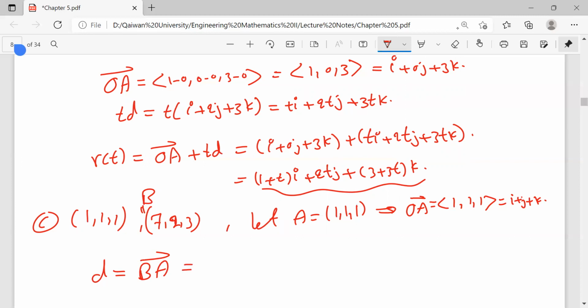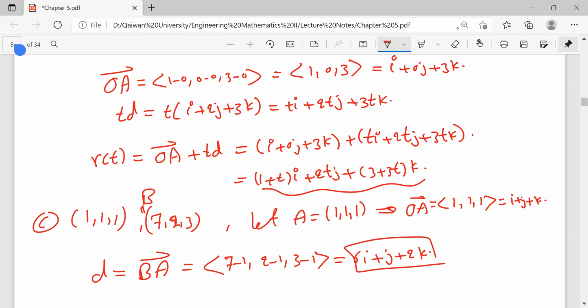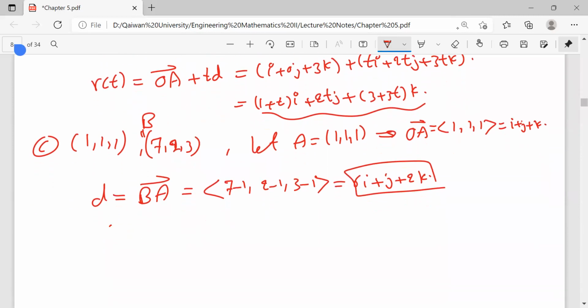It equals 7 minus 1, 2 minus 1, 3 minus 1. This equals 6i plus j plus 2k. This is D. Now we should find tD. t times D equals 6ti plus tj plus 2tk.